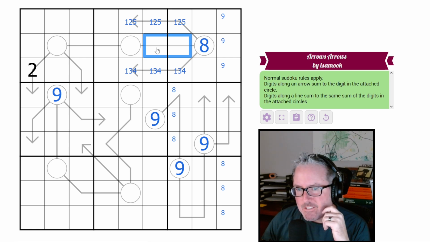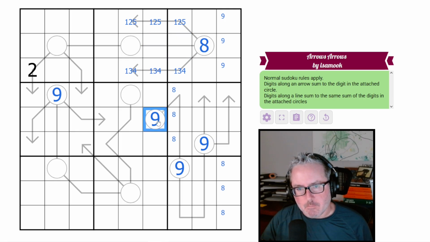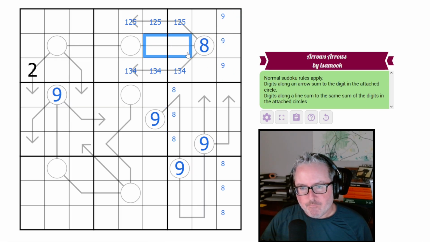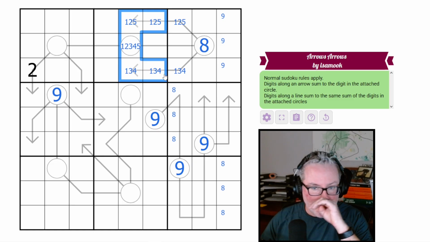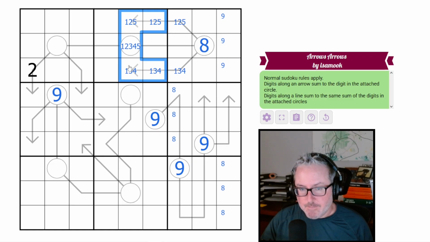Well, I guess technically it could, well, no, it can't because the 9 here. I was going to say it could be a 7 with the 9, but that 9 prevents that. So 13 is technically the highest we can ever go here, because we can't use 9s or 8s, so it'd be a 7, 6. But that lets this guy go up to at least a 5. 1, 2, 3, 4, and 5. We do have a quintuple of 5s.